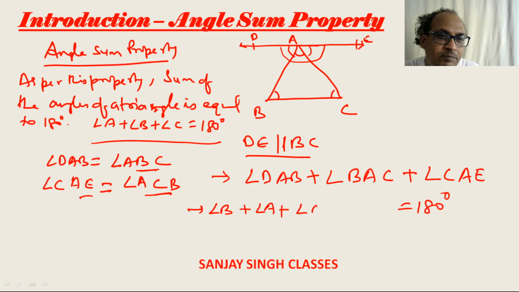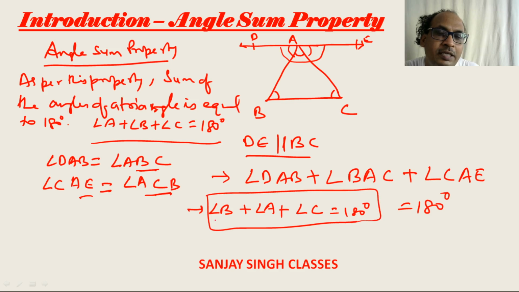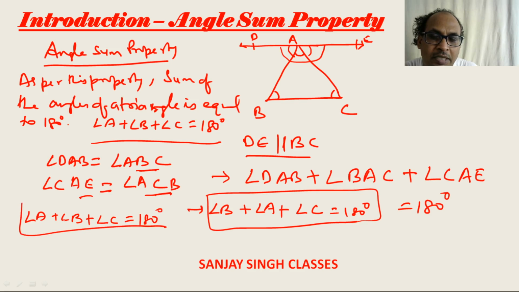So angle C is equal to 180 degree. So by using parallel lines property, we can prove that the sum of the internal angles of a triangle will be equal to 180 degree. So this is called the angle sum property of a triangle.